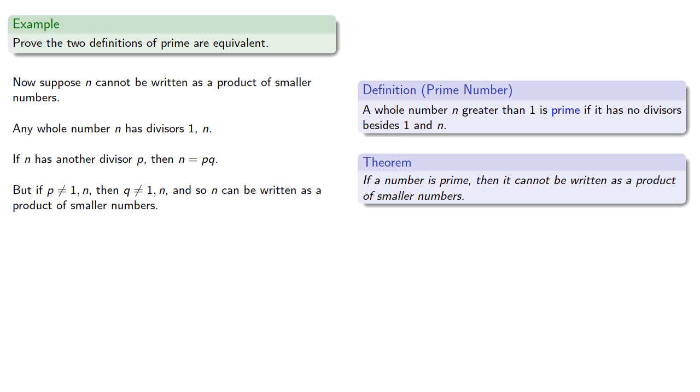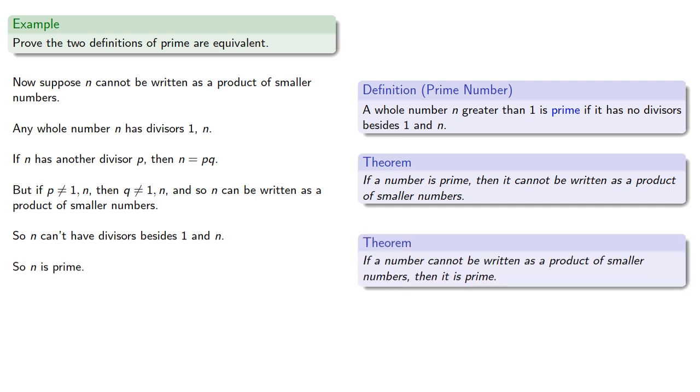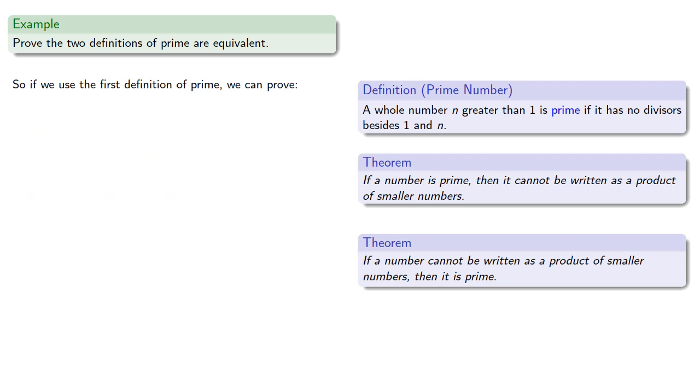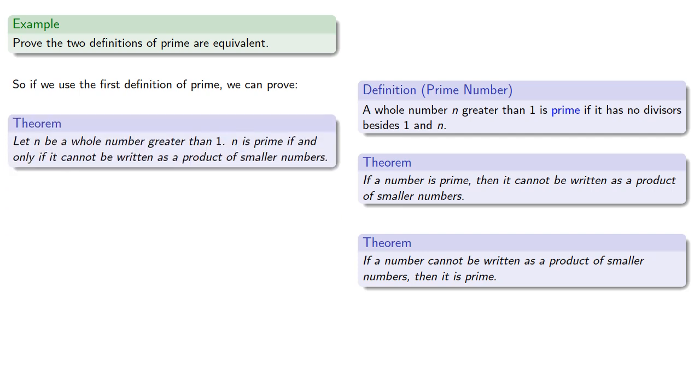So n can't have divisors besides 1 and n, so n is prime. And that gives us the other direction of the conditional. So if we use the first definition of prime, we can prove the theorem: let n be a whole number greater than 1, n is prime if and only if it cannot be written as a product of smaller numbers. And so this means the standard definition of prime implies the alternate definition.